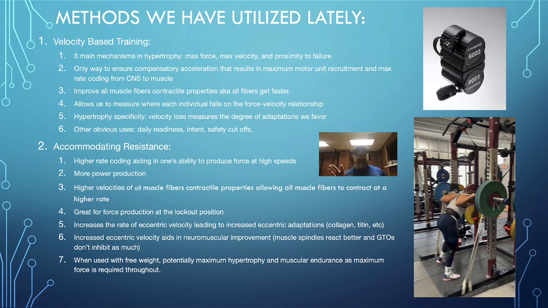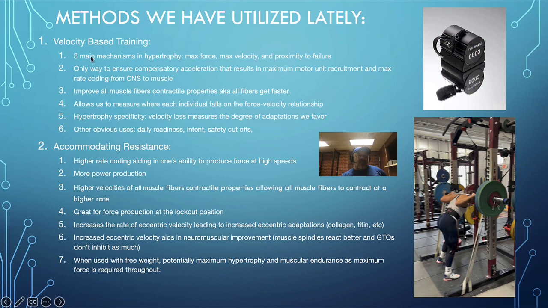Even better, if I know that at 75% of a squat, I'm at 0.57 meters per second, and I am doing a 5RM at 75%, the first rep or two should be at 0.57 meters per second, or I'm not going at max velocity. Therefore, I am not recruiting maximum motor units.